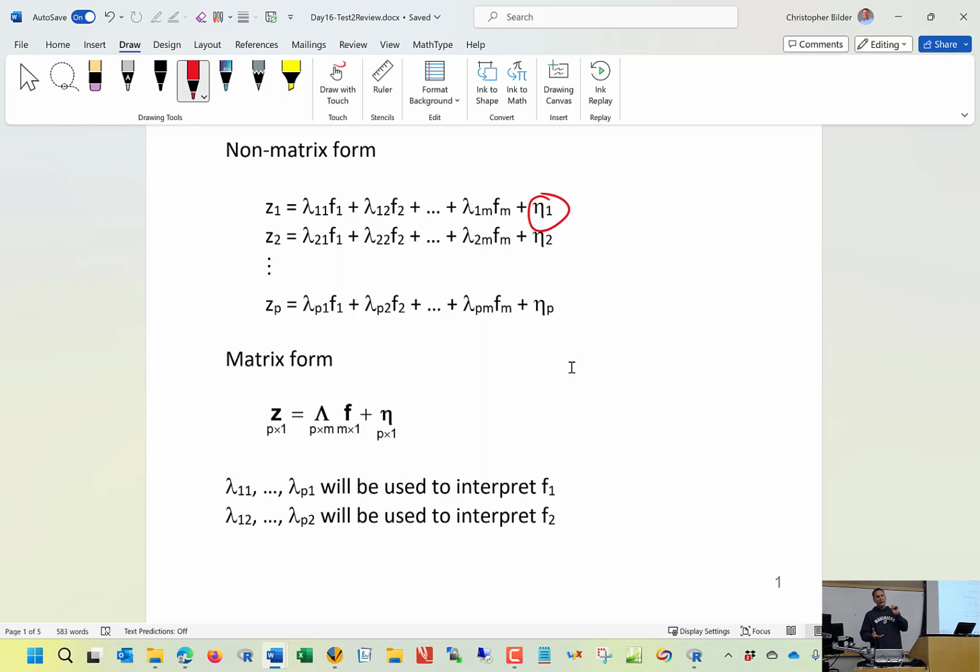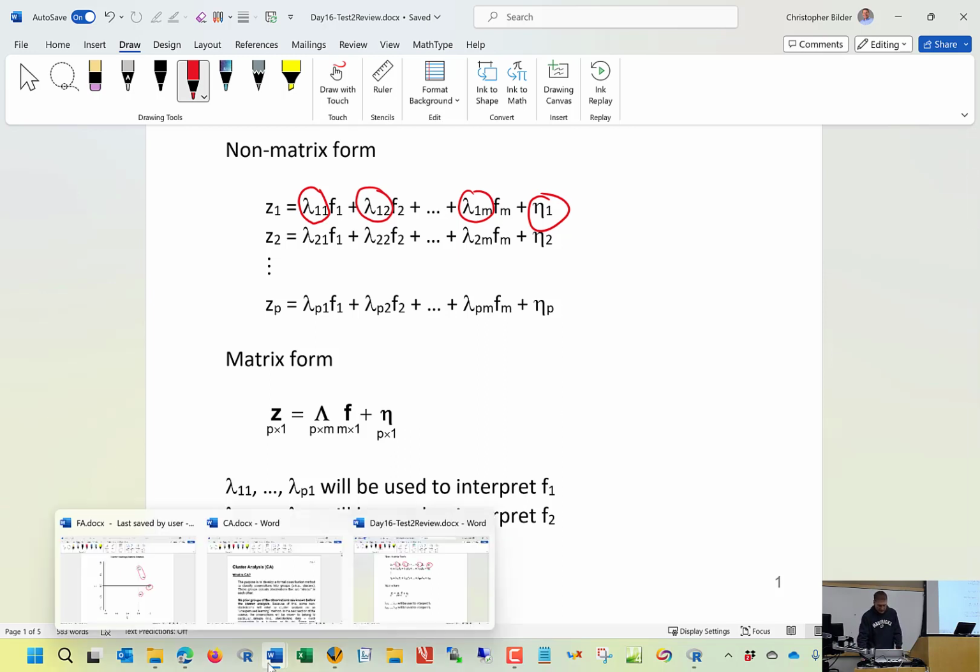But first, there's one little thing I need to talk about regarding these rotation methods that we were discussing before. If you remember, we can come up with different values of lambda by multiplying the factor loadings by an orthogonal matrix. That can give us a new interpretation of the f's, which hopefully are easier to interpret with these new lambdas.